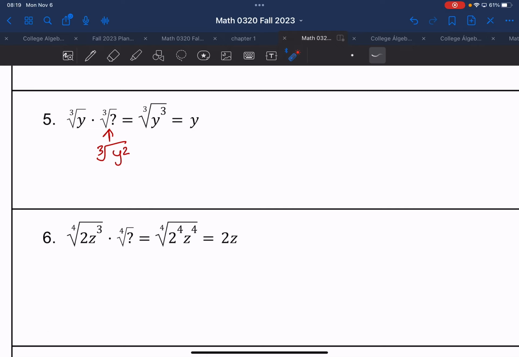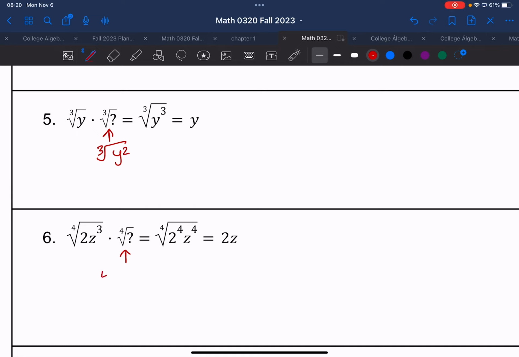On number 6, we have the 4th root of 2, z to the 3rd, times the 4th root of our mystery number, is equal to the 4th root of 2 to the 4th, z to the 4th. What is missing here to make this statement true? 2 cubed z. So we have 2, and we want 2 to the 4th.